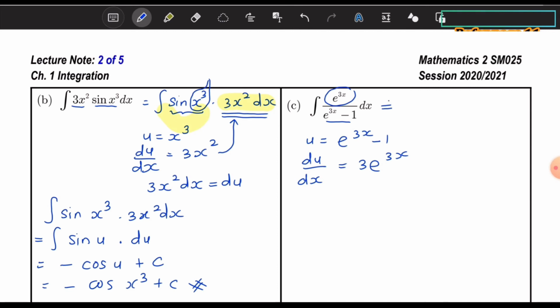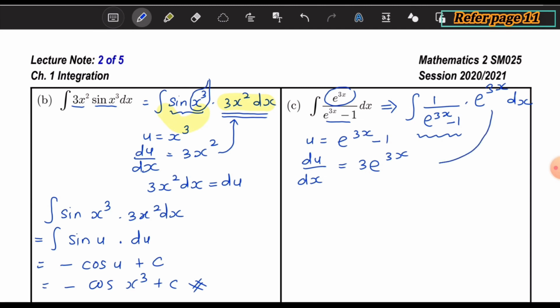Okay, and the integral here can be written as integrate 1 over exponent 3x minus 1 times exponent 3x dx. Okay, the first part is related to u. Okay, and if we compare the remaining function, the function at the back, with the derivative, we can rearrange exponent 3x dx equal to du over 3.